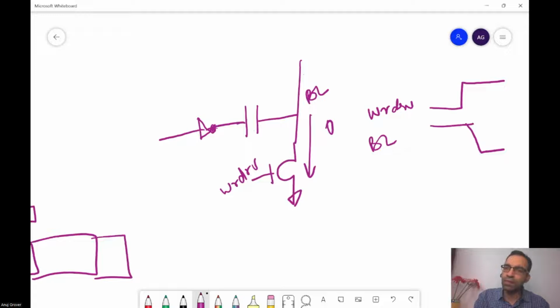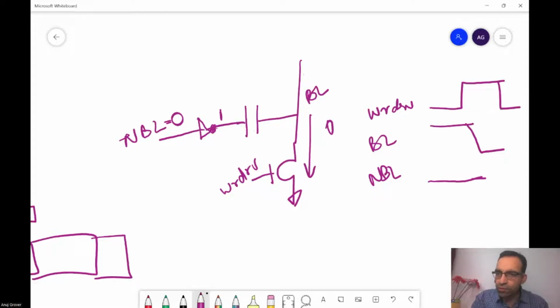After BL has discharged to 0, at that point of time, this NBL signal is 0 initially. It remains 0. After the bit line has gone to 0, you take this high and then you turn this off, the write driver.